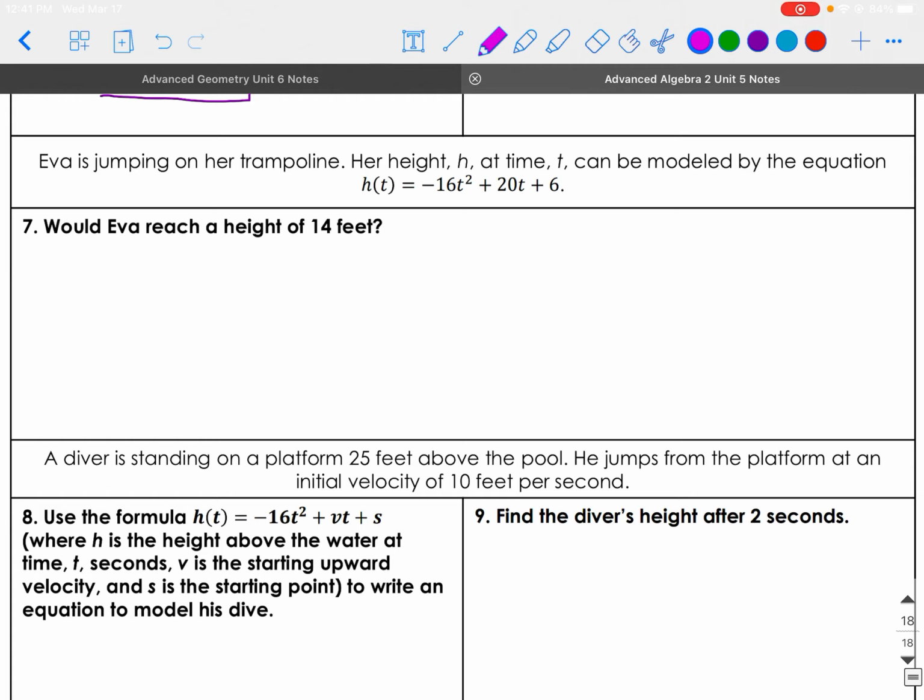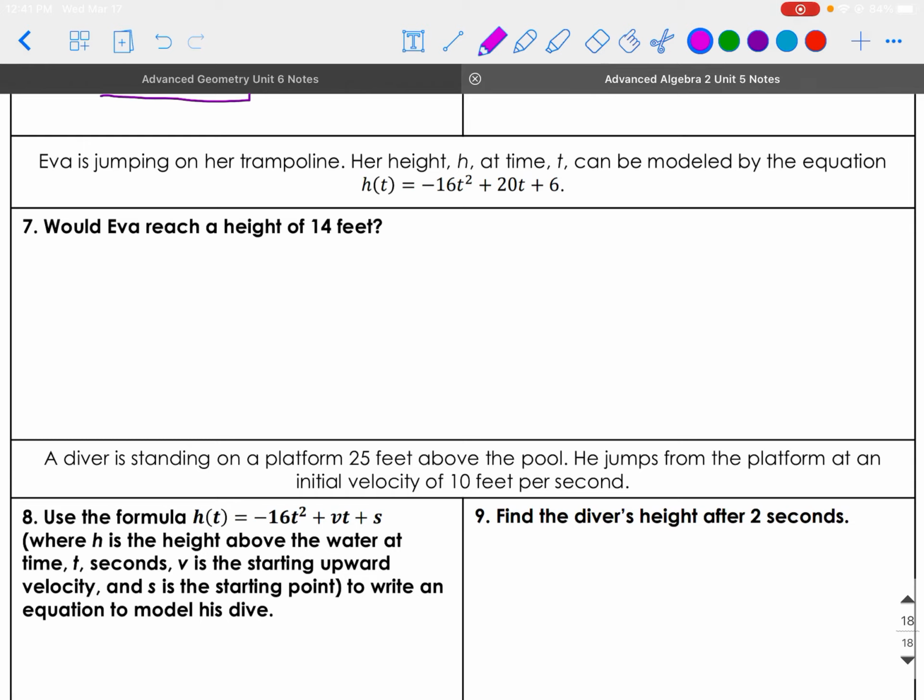Eva is jumping on her trampoline. Her height is given by the equation. All right. So would Eva reach a height of 14 feet? I don't know. Well, let's see what her maximum height is. And we'll see if it's at least 14 or not.